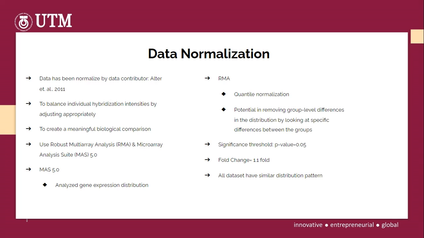The significance threshold in normalizing the data is p-value equal to 0.05 and a fold change of 1.1 fold. All data has been checked and they have a similar distribution pattern.